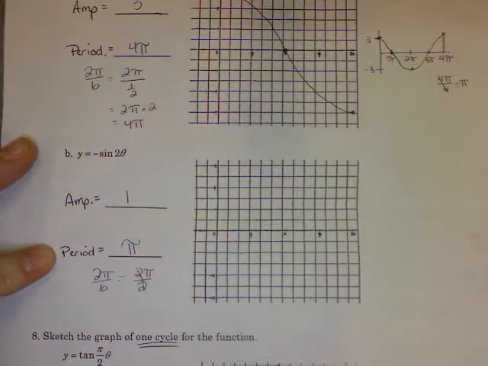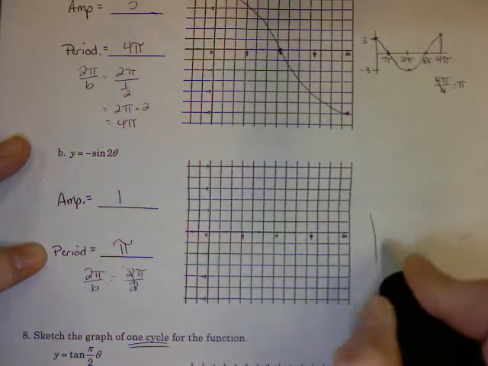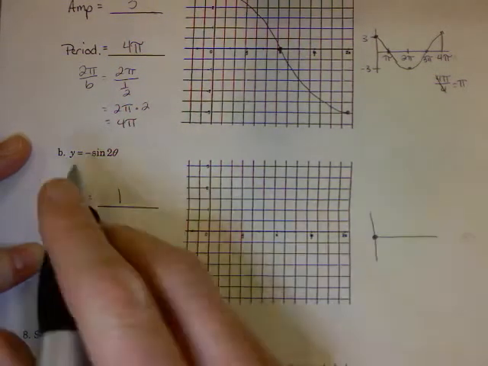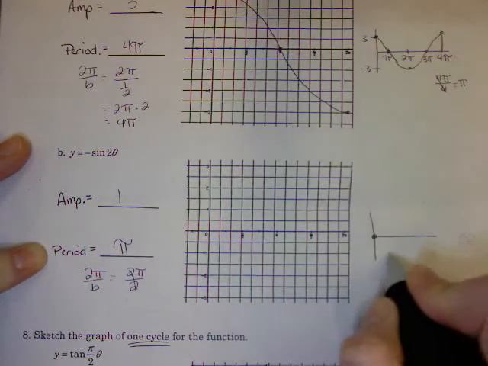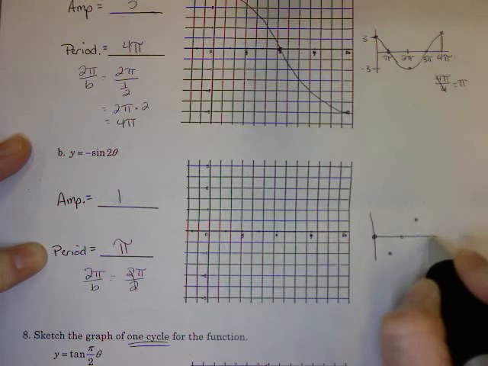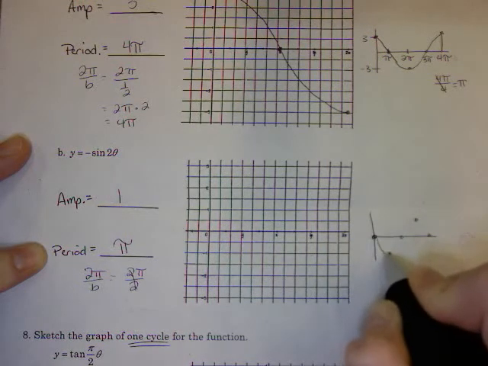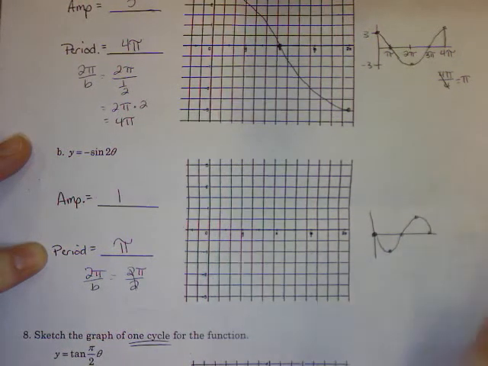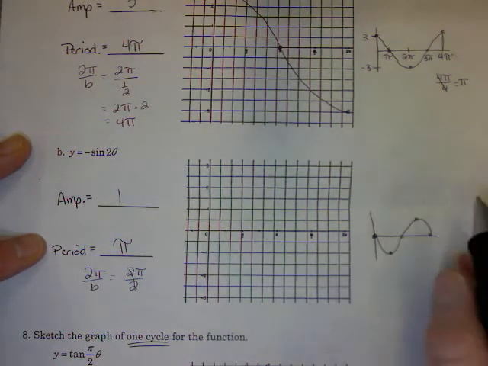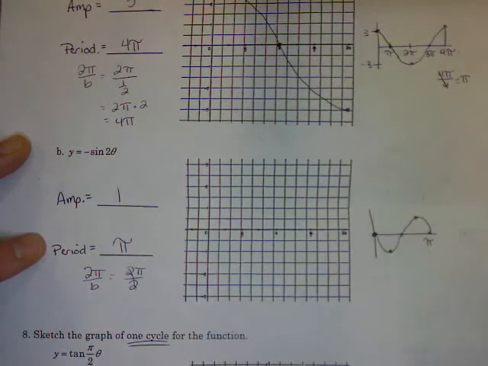So we're going to sketch this graph first. A sine graph starts at 0, but since it's negative, it's going to go down first, back up to 0, up to the positive, and back to 0. So those are the 5 points on the sine graph. Our ending point is at pi.